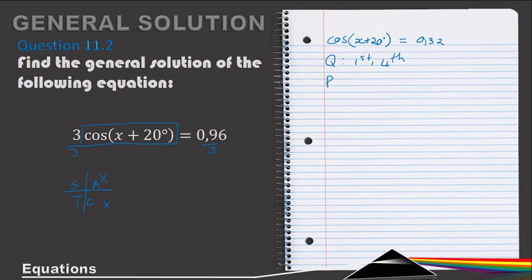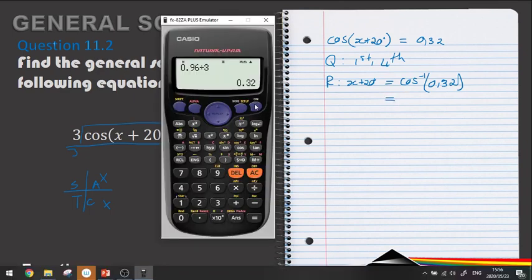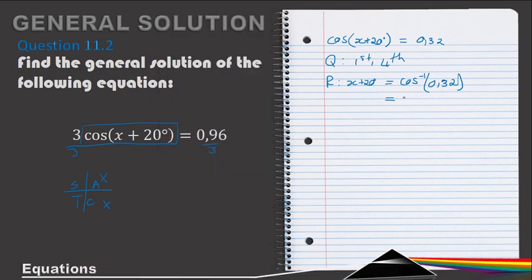Right, then the reference angle, if I take the inverse, so my reference angle, which is x plus 20 degrees, would be the inverse of cos of 0,32, so shift cos 0.32, and that gives us 71,34 degrees.